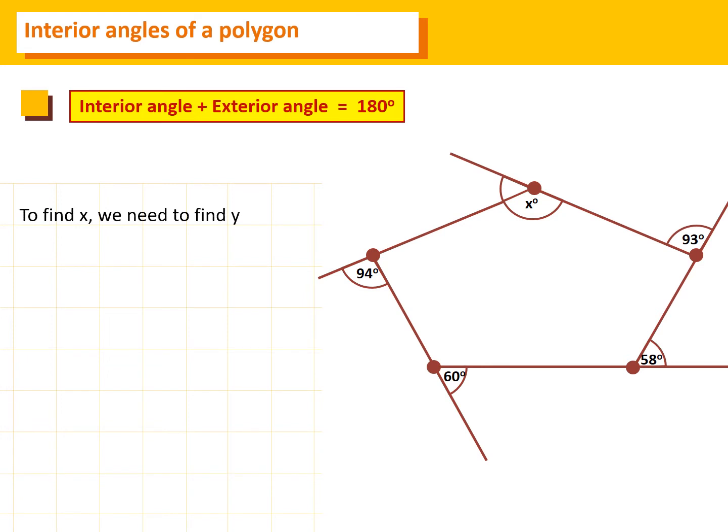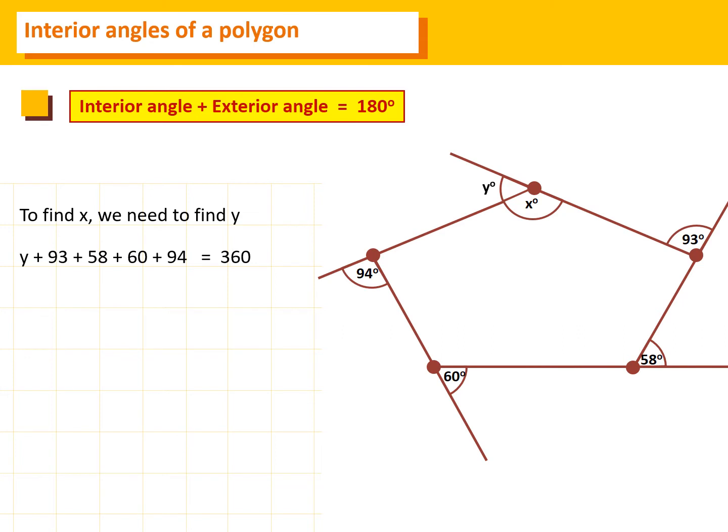In order to find x, we need to find y, which is that angle there flashing for us. Y is an exterior angle, and from a previous fact, the sum of the exterior angles is 360 degrees. They all add up to 360 degrees.